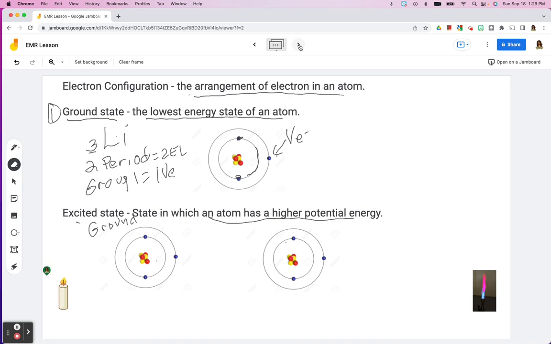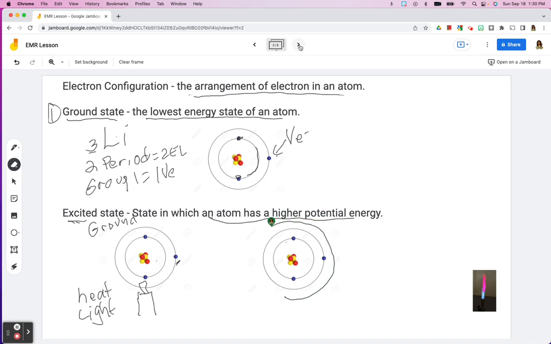But when we take lithium and supply it with some heat energy, some type of energy, heat or even light, we can cause the valence electron in an atom to get what we call excited. And when it gets excited, I'm going to add a third energy level to this second Bohr's model over here.